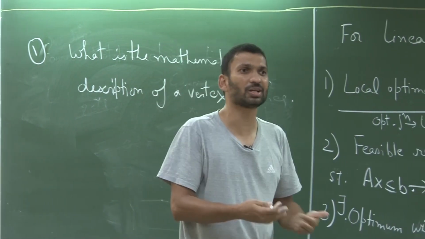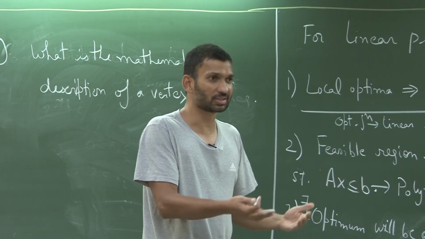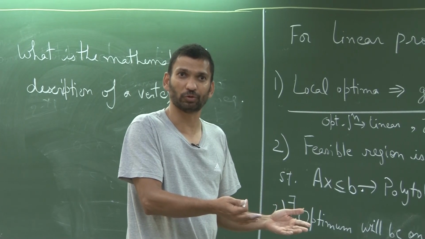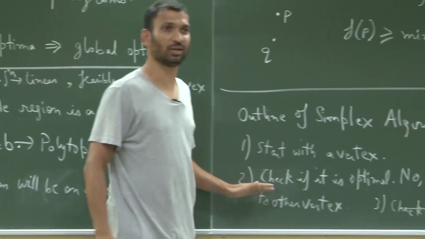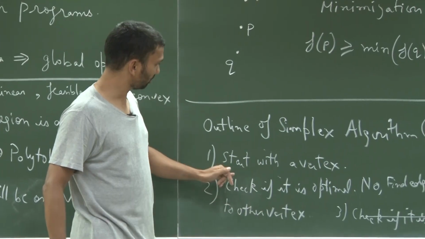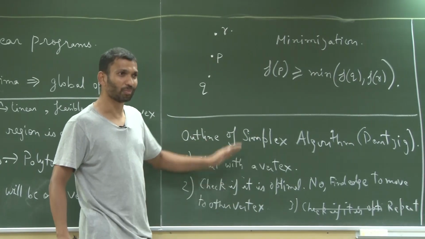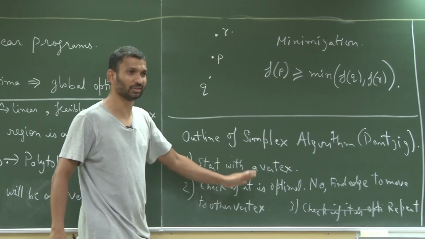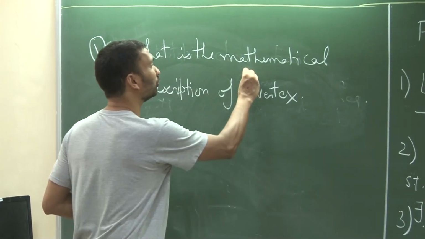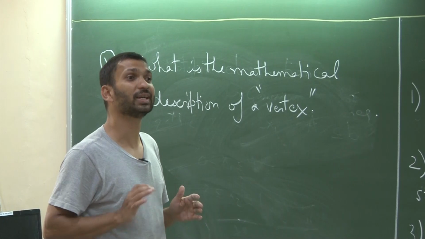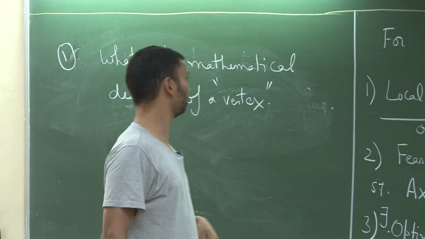But for my feasible region, how do I interpret it in terms of my inequalities? That's the first important thing I want to figure out. That will be my handle to start this algorithm, because the word vertex appears the most number of times, except probably for A and with. So we really need to figure out what vertex means for us mathematically. That will be our first goal.